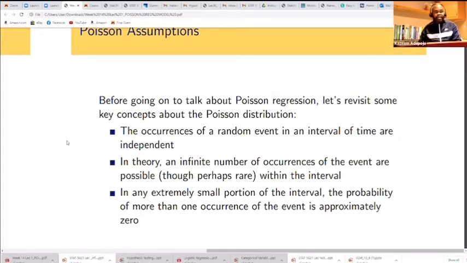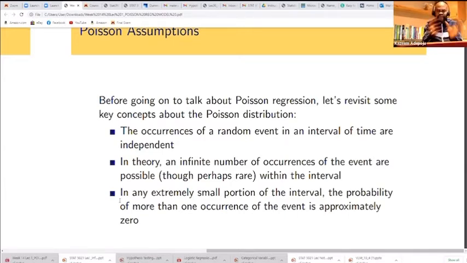Then there's another assumption: in an extremely small portion of the interval, the probability of more than one occurrence of the event is approximately zero. What do we mean by that? For instance, in the city of Minneapolis or Chicago, maybe I want to observe the number of occurrences of an accident between 9 a.m. and 9:05, that's a 5-minute interval.